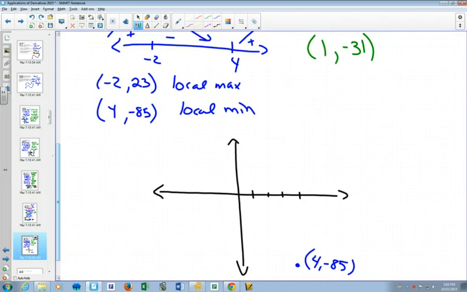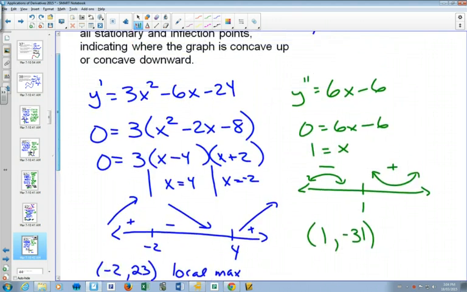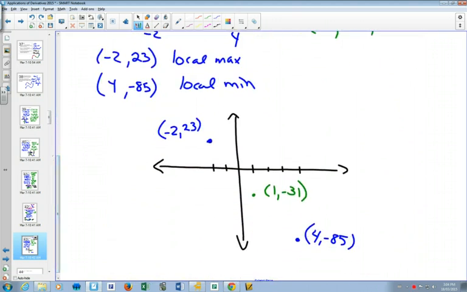So if that is 85, that distance, I would estimate 23 to be about there, and 1, negative 31, about there. We know that our y-intercept is at 0, negative 5. So we would get that value there.